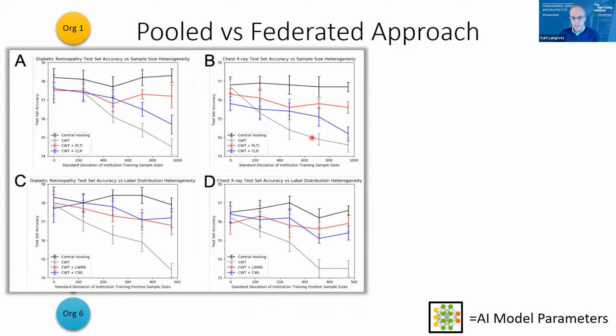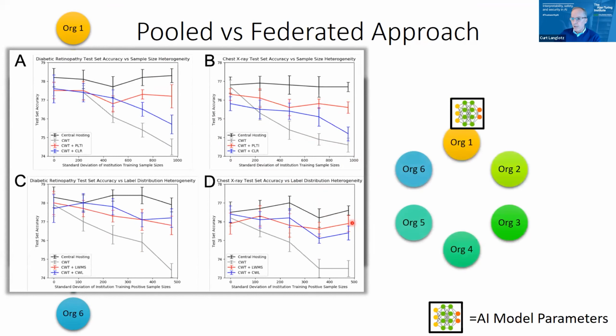Normally what we would do is take the algorithm and pool data from 6 different organizations and then run the algorithm on the pooled data. But instead, what we do with federated learning is we actually move the algorithm or the parameters of the algorithm around among multiple organizations. So rather than pooling the data in a single data set, we sequentially train the algorithm.